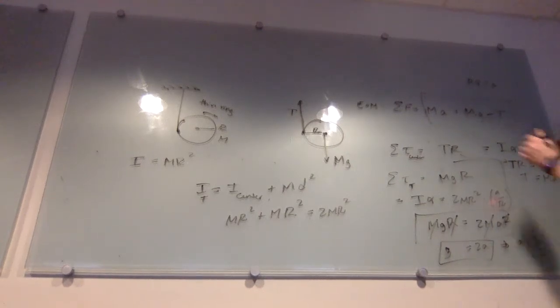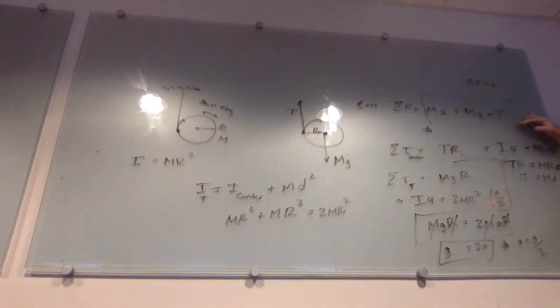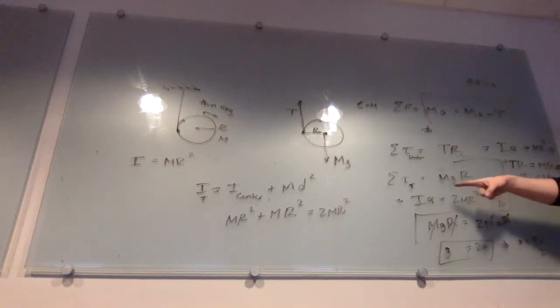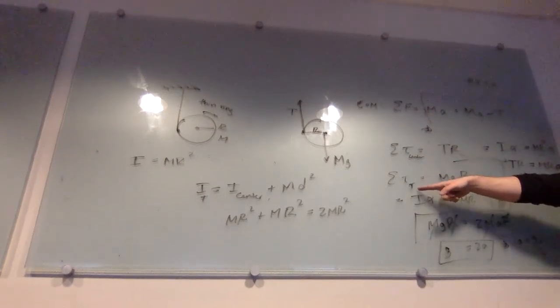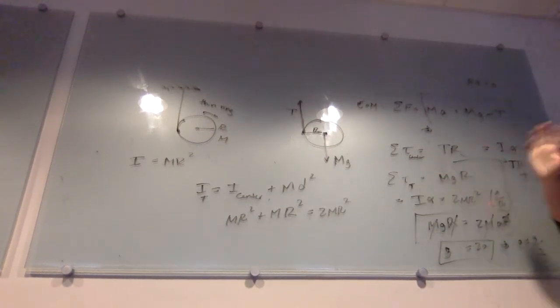So we could have used these 2 equations. Sorry, I'm confusing myself. The point is we have 3 equations of motion that we could do, but of course 2 of them we don't actually need. The torque around every point, we could do that, it's totally fine, but it should give us the same information.